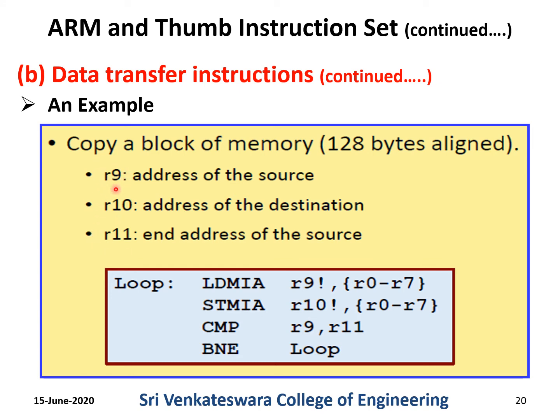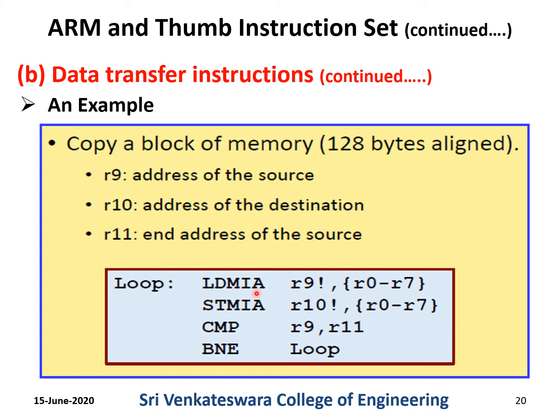R9 is used to hold the address of the source, that is the first address of this 128 bytes. R10 is used to hold the address of the destination, that is the starting address of the memory location where the 128 bytes have to be transferred. Then R11 is used to hold the end address of the source, that is the last address of these 128 bytes. Now if we see this set of codes, we are making use of LDM and STM instructions.